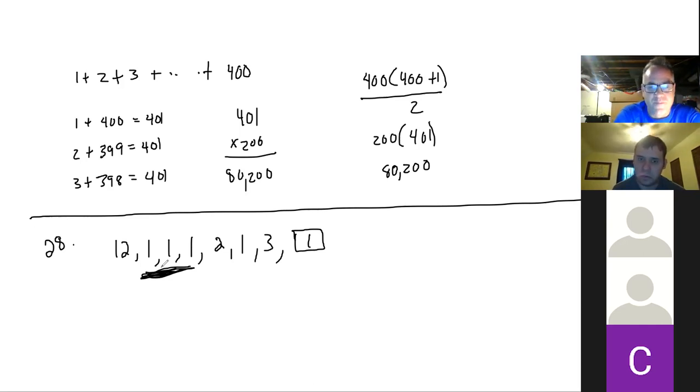Some kind of binary code. Okay, I like that because you see all the ones. Not a binary code though. Not a bad guess. Now I'm reaching for hints here.